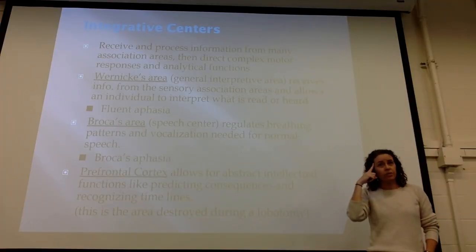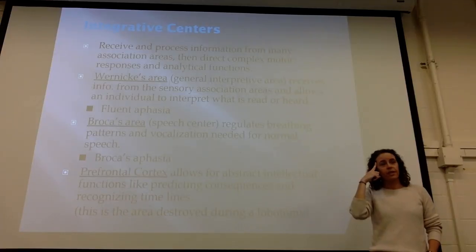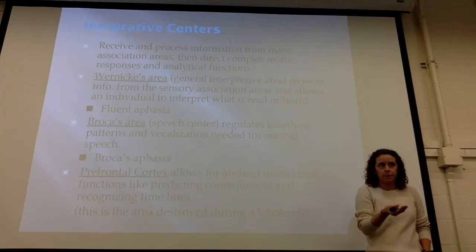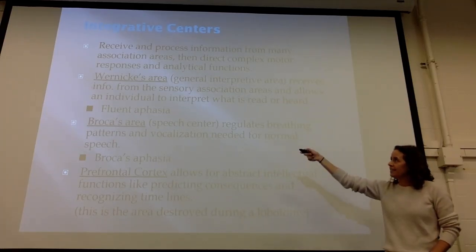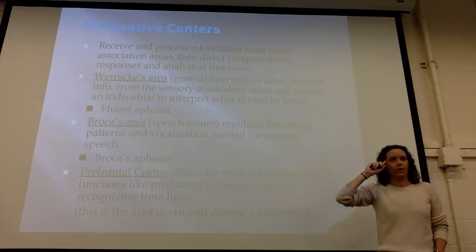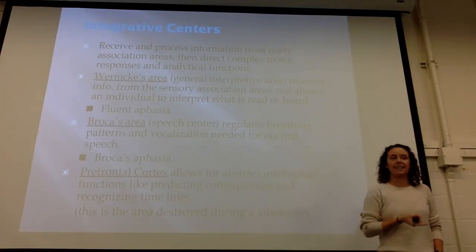They understand what's going on. They completely understand what's going on. They just can't physically get the words out. With Wernicke's area, that person does not understand what's going on, but they can get the words out.